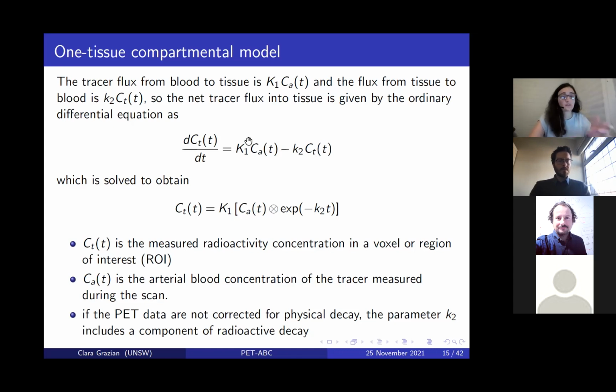So the net tracer flux is indicated by this differential equation, which is solvable in an easy way. So just to summarize, CT is the measured radioactivity concentration in the voxel of the region of interest. CA is the concentration in the blood, which represents sort of a reference. And then K1 and K2 represent the parameters of this model.